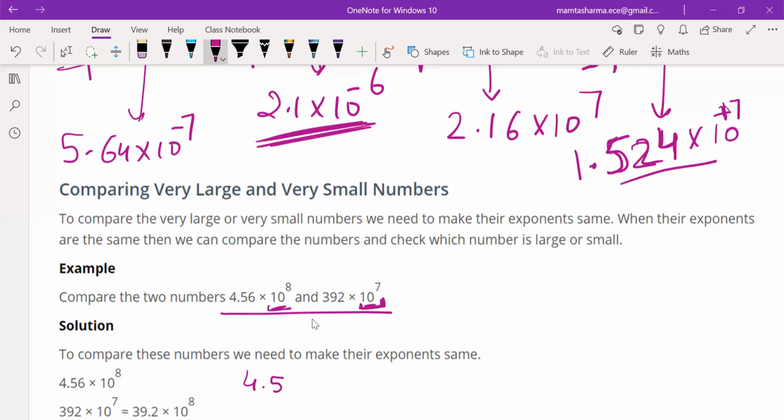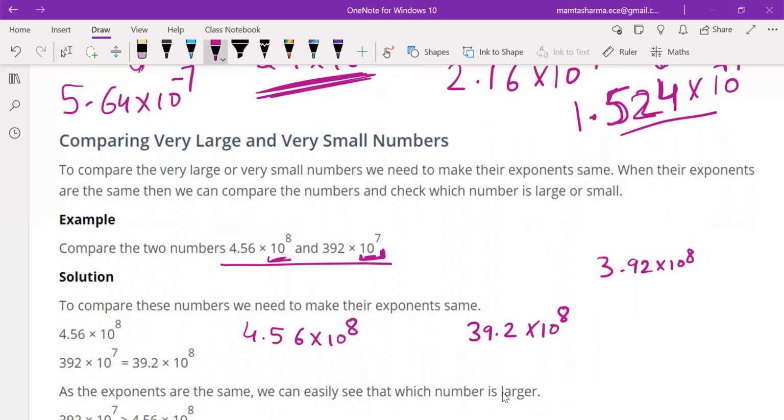So one number is 4.56 into 10 to the power 8, and the other you could write as 39.2 into 10 to the power 8. Am I correct? This would be 39.2 into 10 to the power 8. Yes. Now you can see the exponent part is equal.